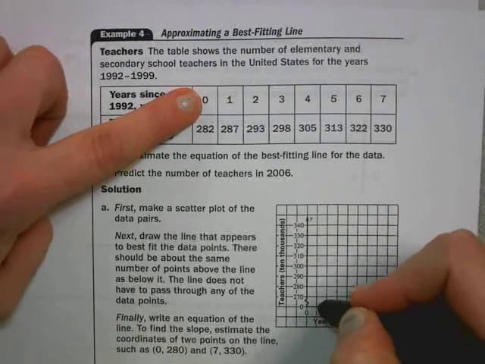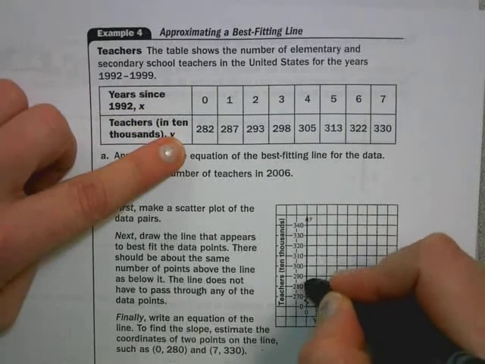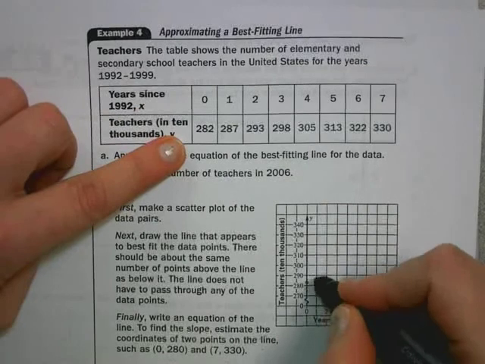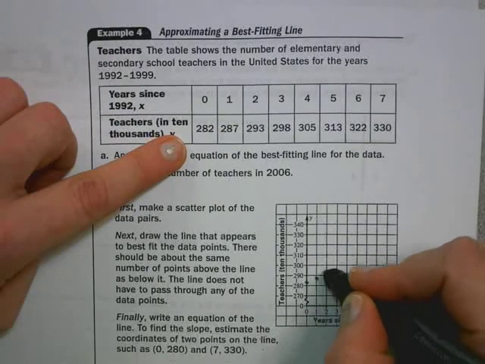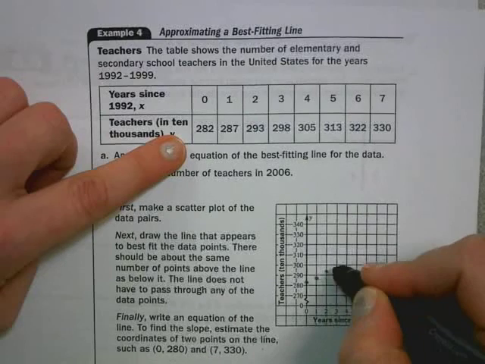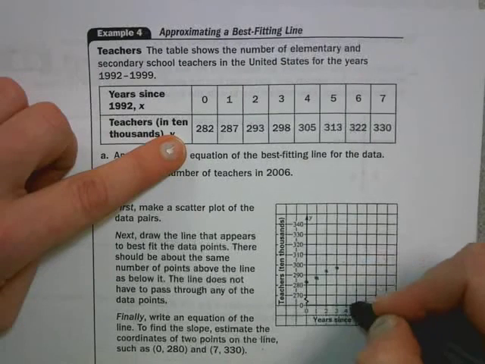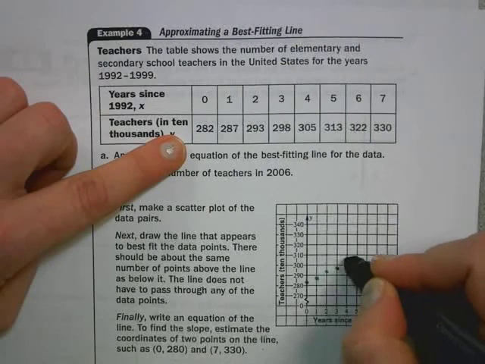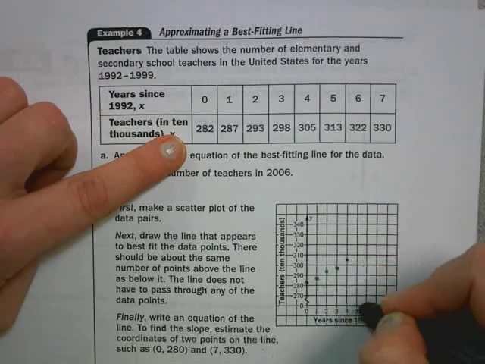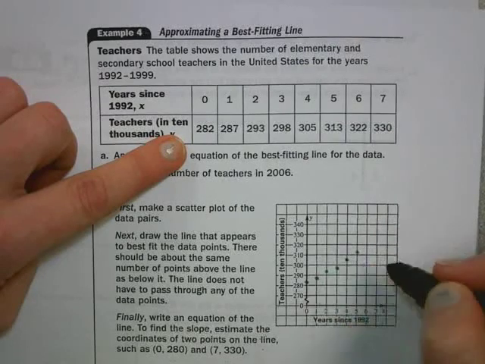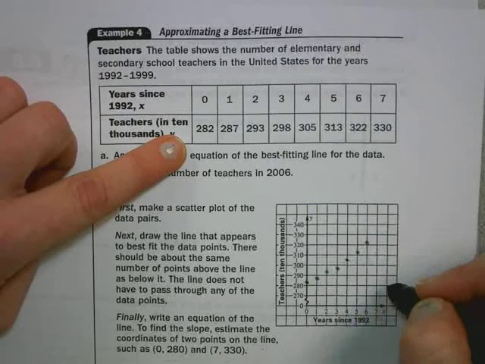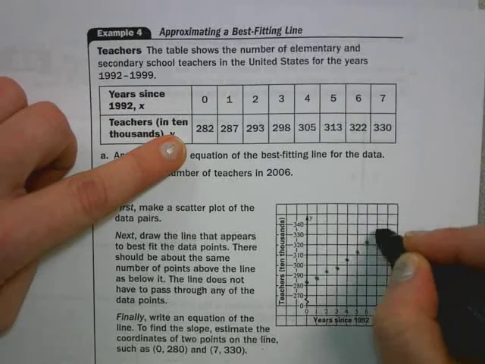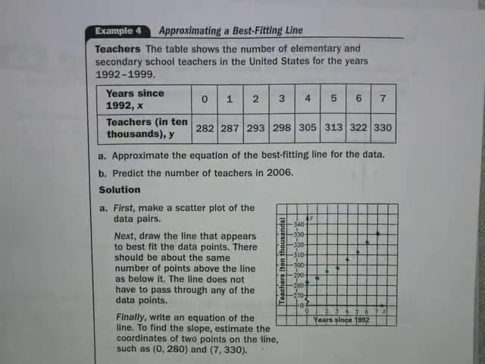So it would be 0, 282; 1, 287; 2, 293; 3, 298; 4, 305; 5 is 313; 6 is 322; and 7 is 330. So it's not a perfectly straight line. It shouldn't be a perfectly straight line.